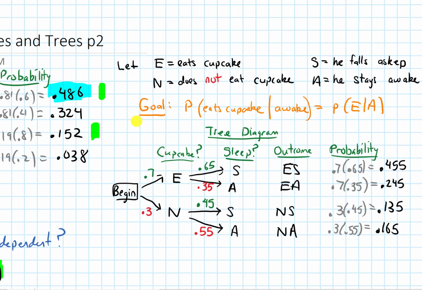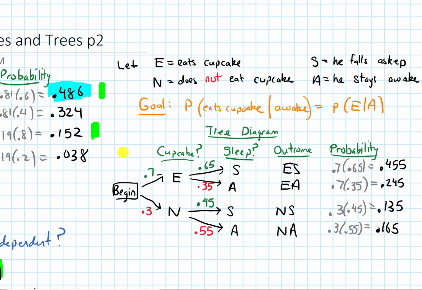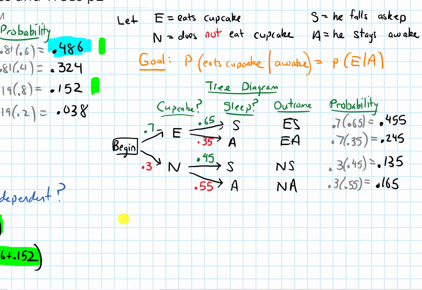So our goal in this question was to find the probability of E given that A occurs. Using the formula for conditional probability, this is the probability of E intersected with A over the probability that A occurs.